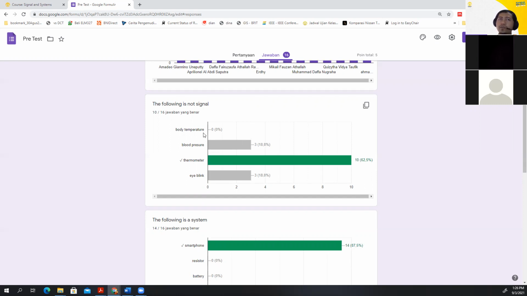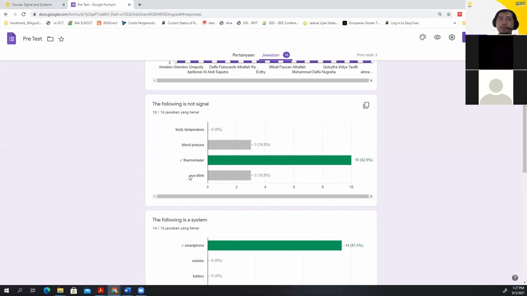Also for the blood pressure, the usual blood pressure, meaning normal conditions, is around 120 per 80. And if the blood pressure is higher, it means that our body is also not in good condition. So it's kind of a signal as well.